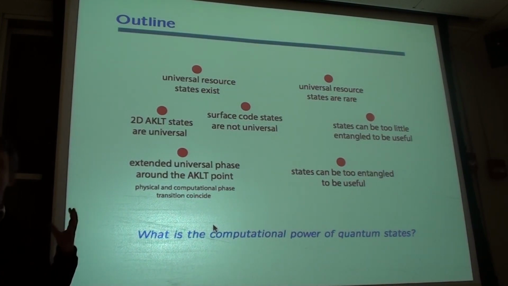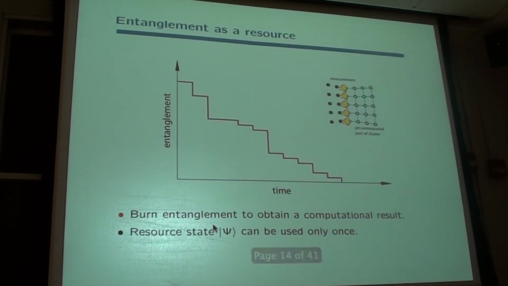On the other hand, what general statements can we make? There are a few general statements that we can make about the role of entanglement in this scheme of computation, and this is what I would like to begin with. Intuitively, it seems that entanglement should really be the cause for the quantum speedup in the scheme, or the computational power should be governed by entanglement. At least that's what intuition would tell you, and the reason is the following.